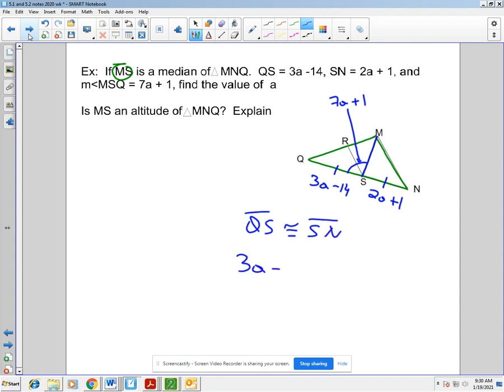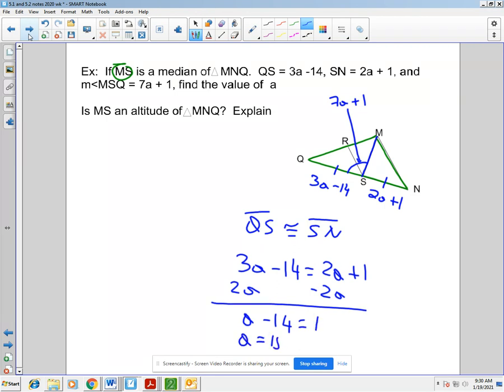So 3A minus 14 is equal to 2A plus 1. If you move 2A to the other side, you get A minus 14 equals 1. Add 14 to both sides. A is equal to 15.